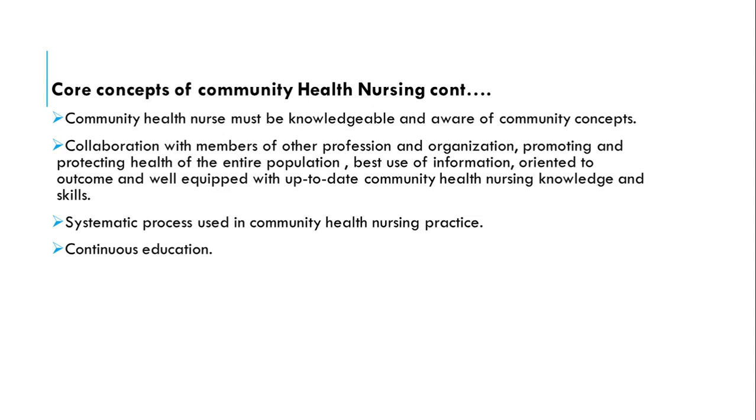Usually when we provide our care, you know that we follow the nursing process in hospitals. Same as in hospitals, we can use that process in community health nursing settings also. This process includes assessing the needs of the community, identifying the problems, and planning and implementing needed care.